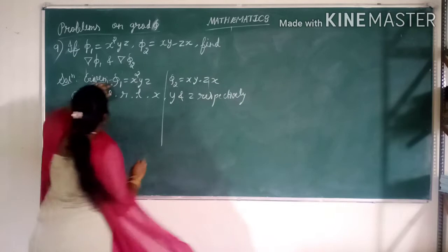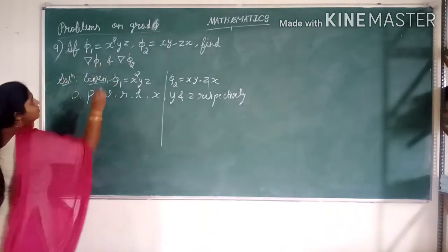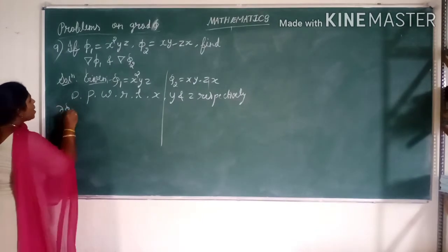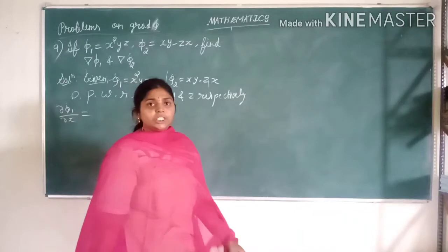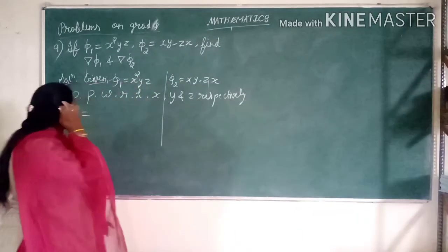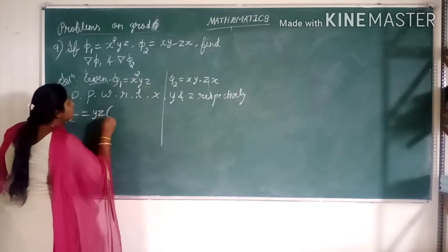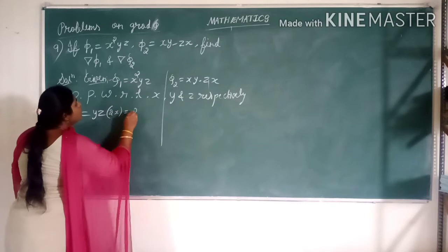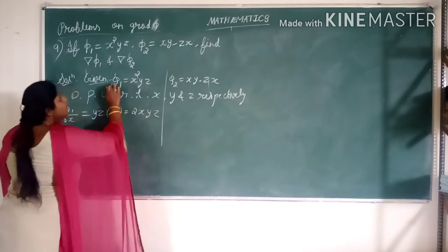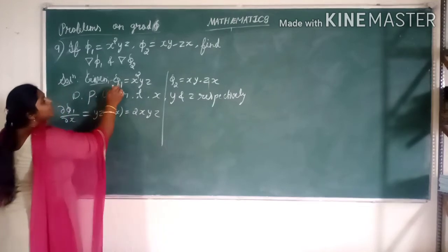First, by differentiating partially with respect to x, for the function phi1, on the left hand side we get ∂phi1/∂x is equal to, as I already told, by differentiating partially with respect to x you treat y and z as constants. Here yz is a constant, keep it as it is. Then the differentiation of x square is 2x, that is equal to 2xyz. Similarly, differentiate partially with respect to y.